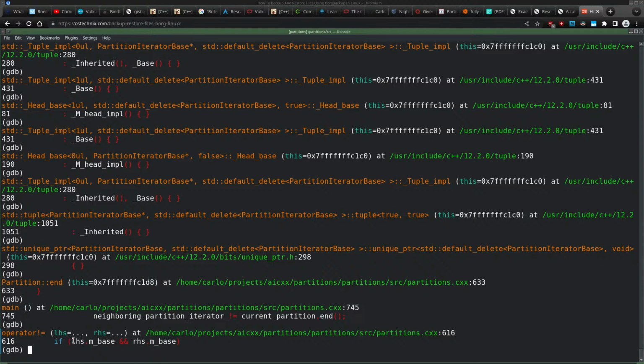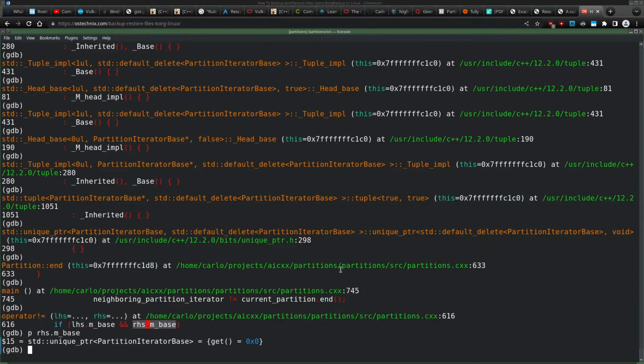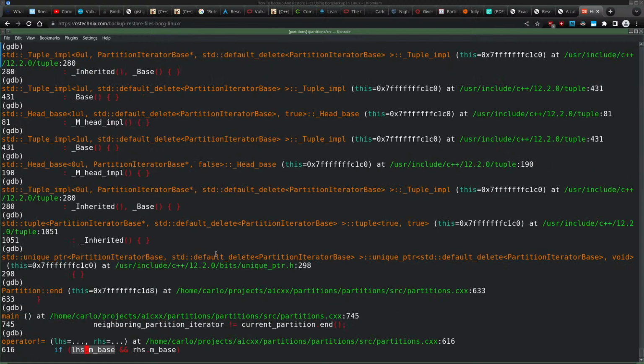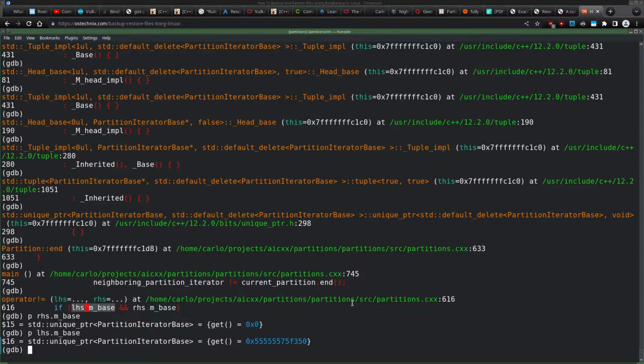This says if both have a base pointer, and they don't, because my end operator, that's the right hand side, does not have a base. Right, the other one does have a base, but that's a base that points to some end iterator. But at least they do not both have a base, therefore we continue here.